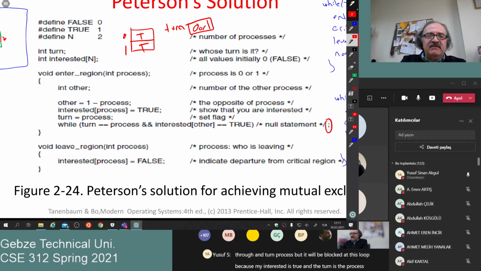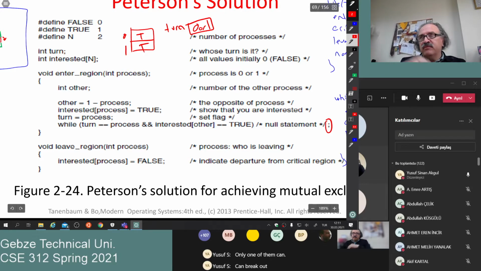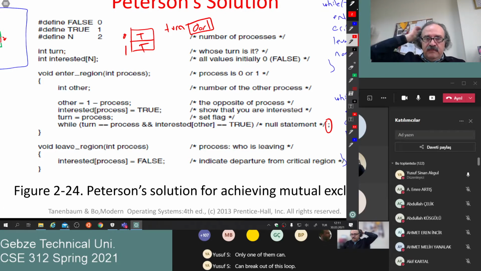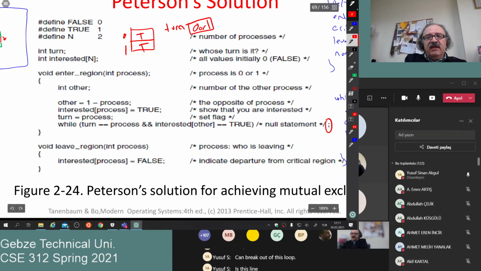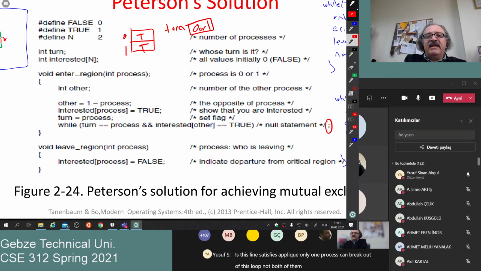Doesn't matter where the switch happens, only one of them can break out of this loop. This line satisfies that. Both of them cannot stay at this loop until infinity. So that means rule number 1 and rule number 3 are satisfied now.